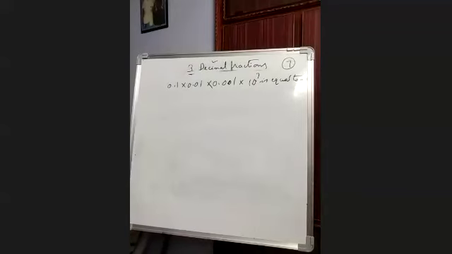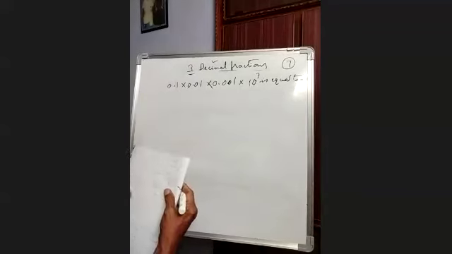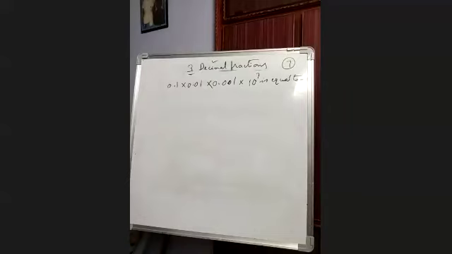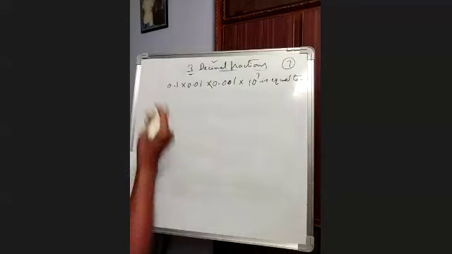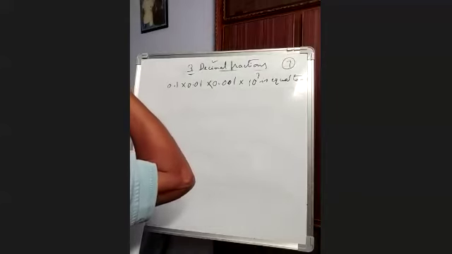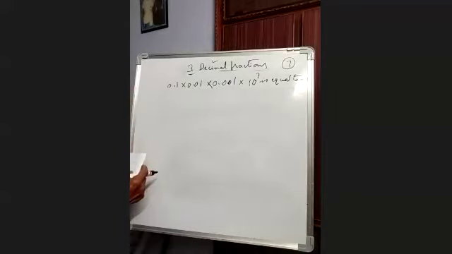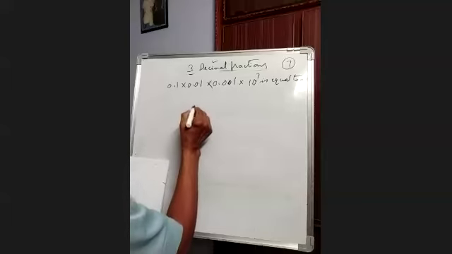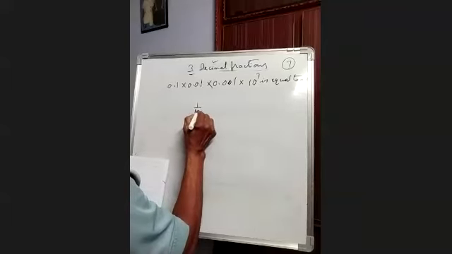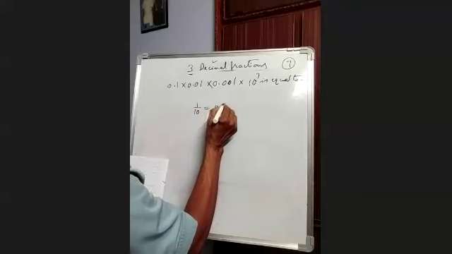All of these are decimal fractions. Here, simplification of decimal fractions. So you know 1 by 10 is 0.1.